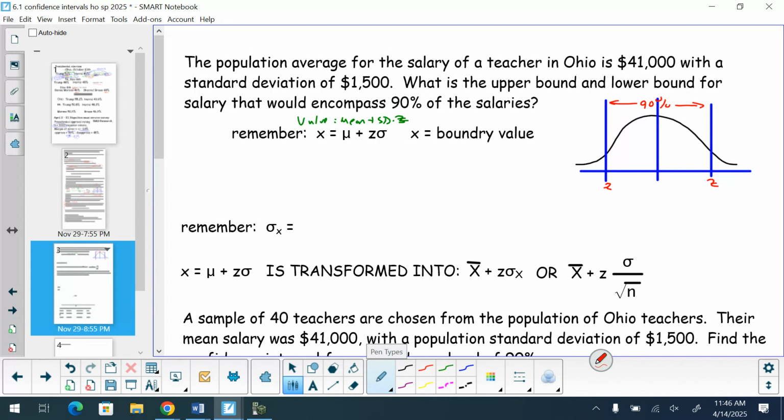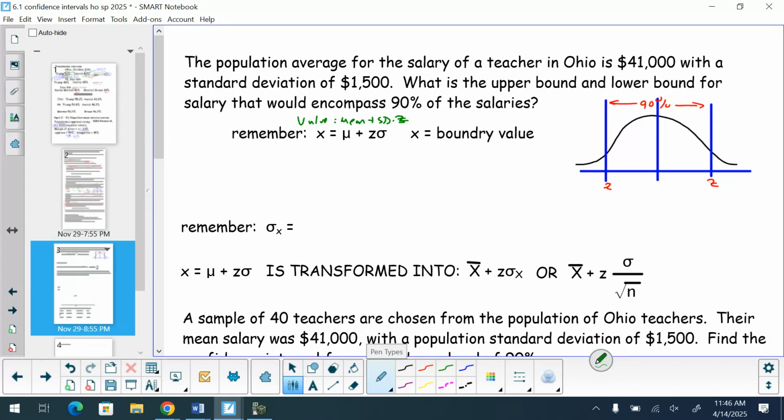Once again, this goes back to the idea of finding a specific value for the middle 10% or middle 20% or middle 30%. Well, what we're saying here is the middle 90%.